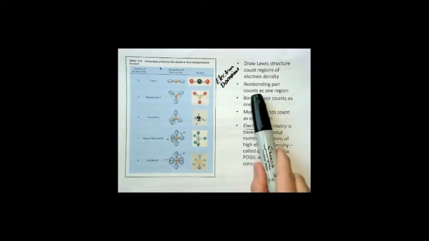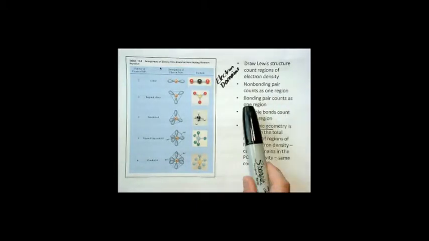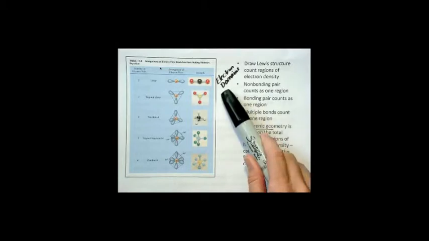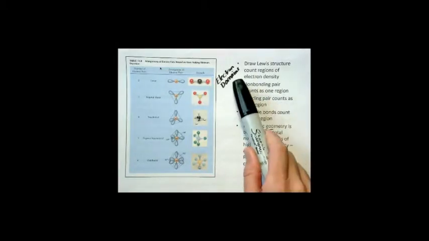Okay, so the electronic geometry of any given molecule is telling you where those pairs of electrons, whether they be bonding pairs or non-bonding pairs, reside on the central atom. Non-bonding pairs count as one region or one domain. Bonding pairs count as one region or one domain. Those words, regions or domains, are used interchangeably.